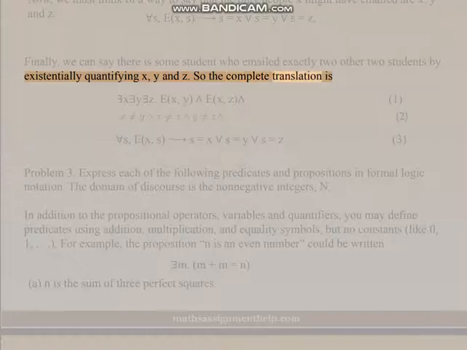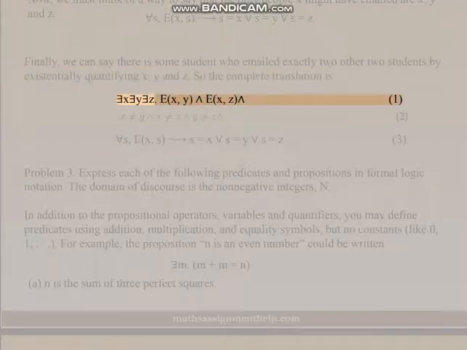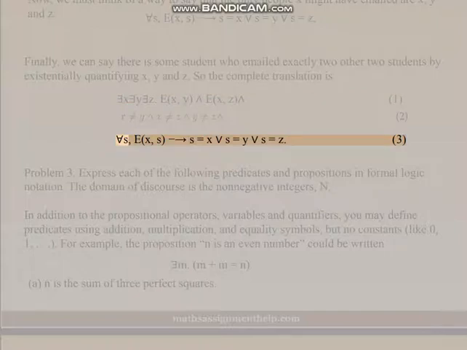So the complete translation is there exists x, there exists y, there exists z, email(x, y) and email(x, z), and 1. y not equal to z, and x not equal to y, and x not equal to z, 2. for all s, email(x, s) implies s equals x or s equals y or s equals z, 3.